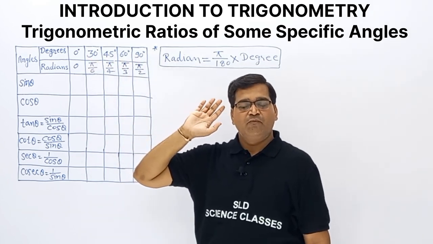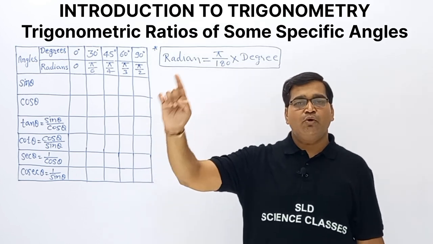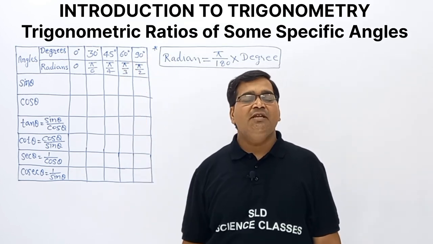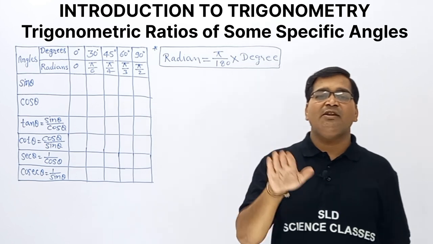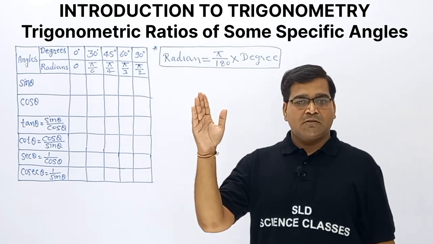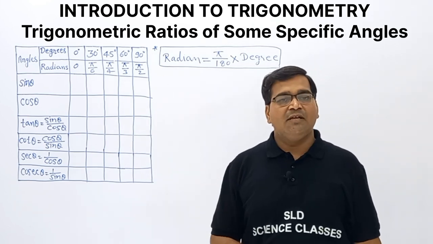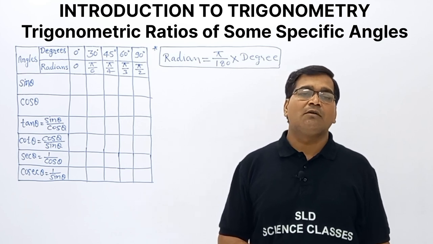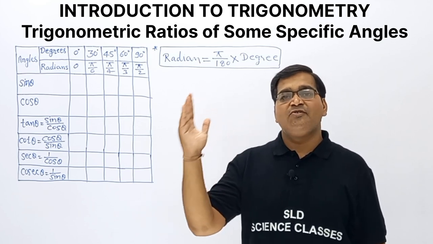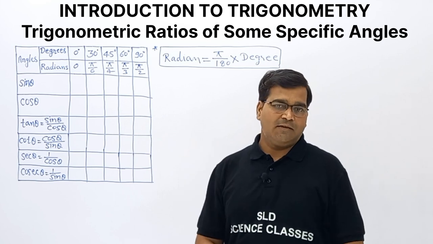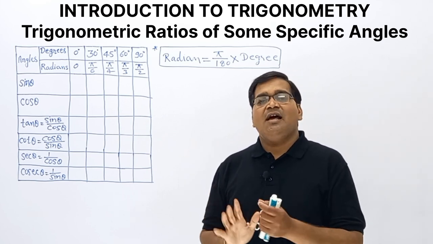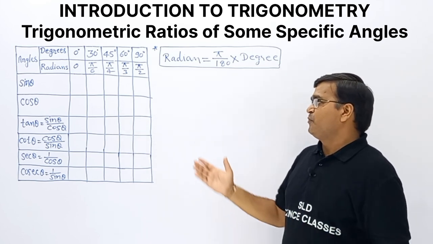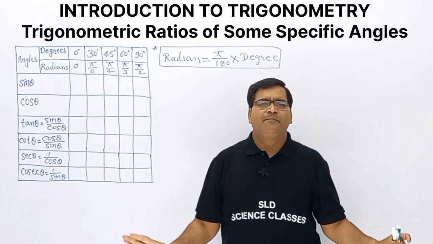Yes or no? We studied trigonometric ratios of 45 degree. We studied trigonometric ratios of 30 degree and 60 degree, and the last one, trigonometric ratios of 0 degree and 90 degree. In this class, we want to know about this table only.